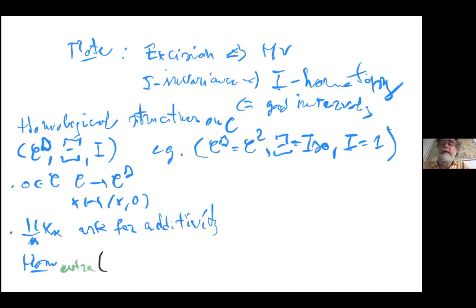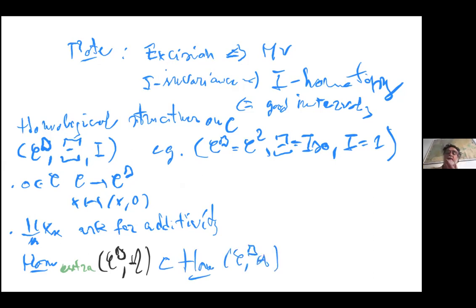which of C square A, and this is contained in Hom of C A. Okay, so this Hom extra is just the homology which satisfies all these excision and homotopy invariance axioms, plus the long exact sequence, so the Eilenberg-Steenrod.